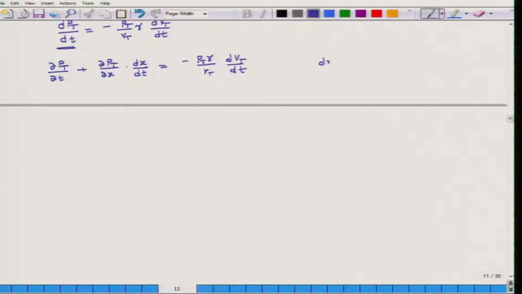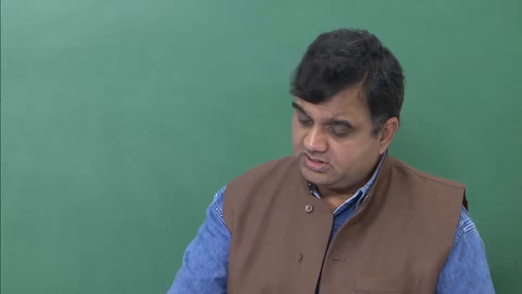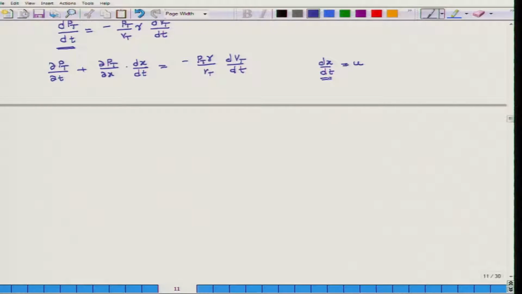Now, dx over dt is equal to u, because x in this system represents the position of the fluid element, which we saw while we were developing the momentum equation. So, change in x represents change in position of the fluid element, so dx over dt is the velocity of the fluid element.